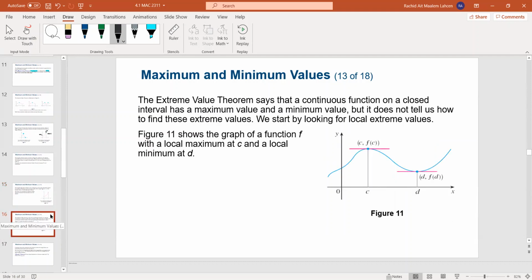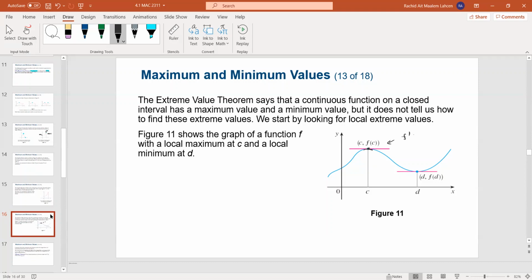this extreme value theorem tells us that a function has to be continuous to have these extreme values, but it does not tell us how to find them. But if we look at the curves, if you have a maximum, you see the slope is horizontal, which means you expect the first derivative to be 0.